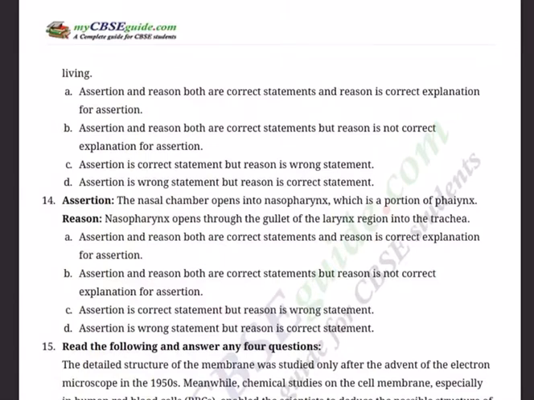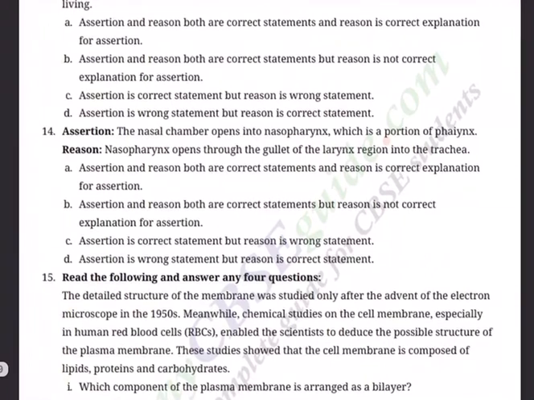So A, R, both are correct, and R is correct explanation for A. B, A and R both are correct, but R is not correct explanation for A. C, A is correct, but R is wrong. D, A is wrong, but R is correct. Now question number 14. The nasal chamber opens into nasopharynx, which is a portion of pharynx.